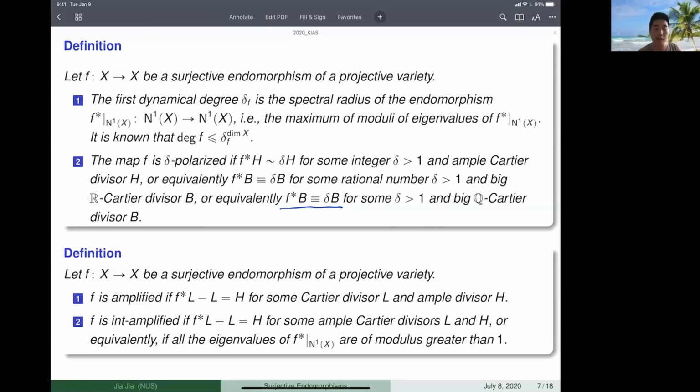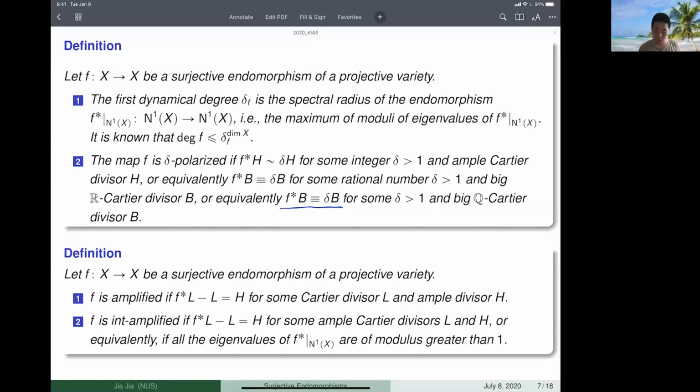We have another definition. Still assume this F is a surjective endomorphism and X is a projective variety. We say this F is amplified if F pullback L minus L is ample for some Cartier divisor L. We say this F is int-amplified if F pullback L minus L equals H for some ample Cartier divisors L and H. It's clear from the definition, int-amplified implies amplified.